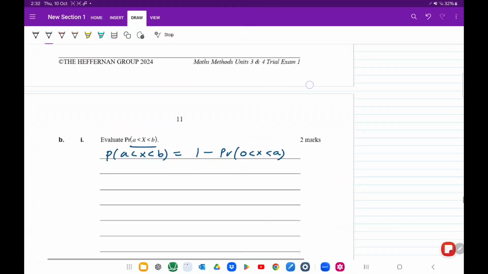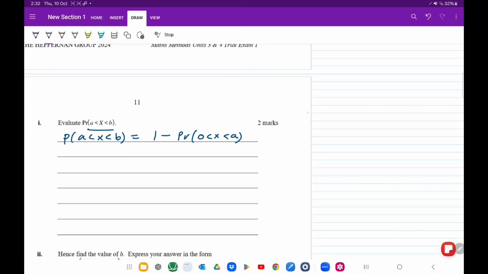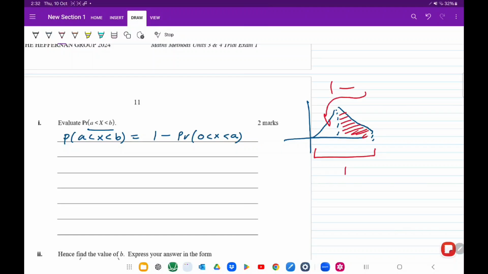Well, imagine you've got two graphs, and this graph happens to look like this, right? That's the first section. And you've got the second section that looks like this. When you've got the first section, to work out this red probability, if we go 1 minus whatever this is, that'll give us the other section. So, we know the total probability of this is going to equal 1 as well.